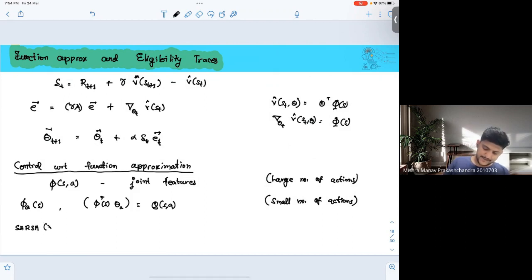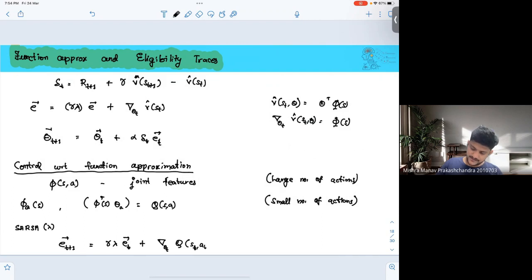Fine. And similarly, once I have defined that, I can directly define my Sarsa lambda for this as follows. So I have E of t plus 1 equal to gamma lambda E of t plus the gradient of the q function.